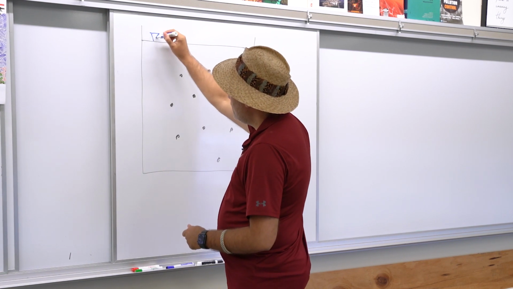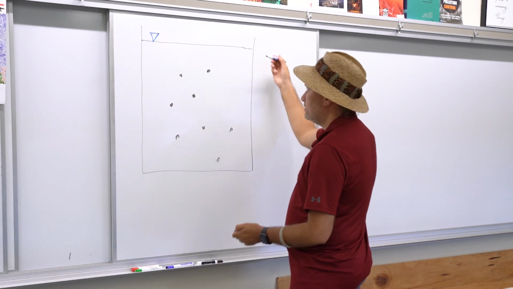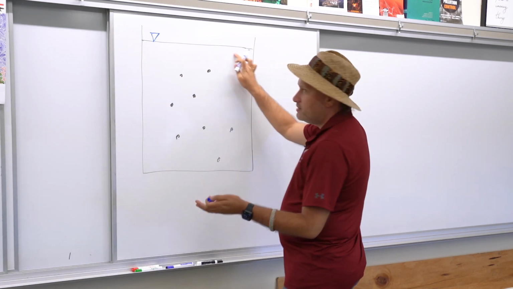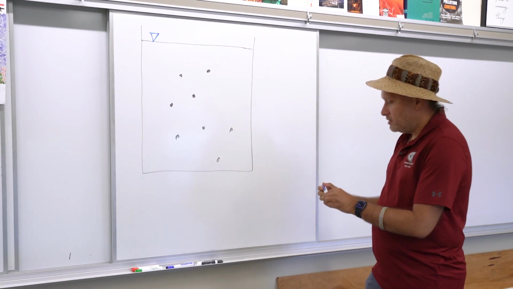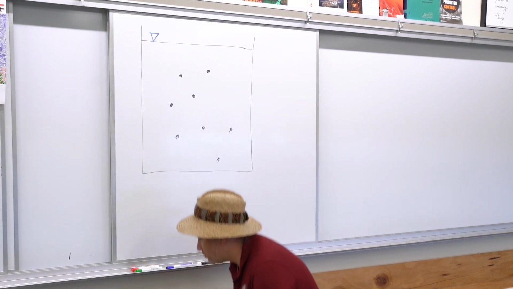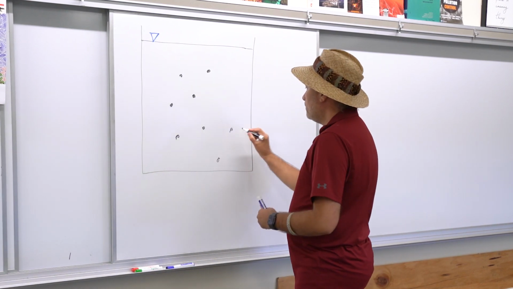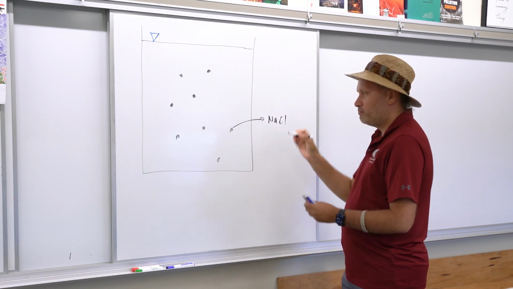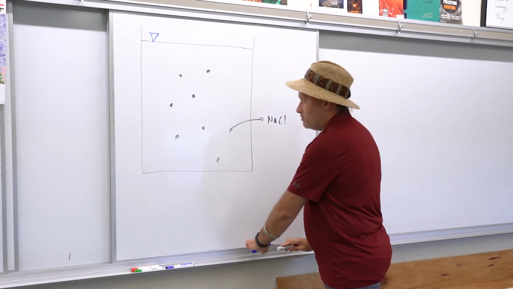So I put a triangle upside down. This tells me it's the surface. And let's say everything in here, let's say it's water. And then let's say these black particles right here are molecules. And they're NaCl. They're salt particles.